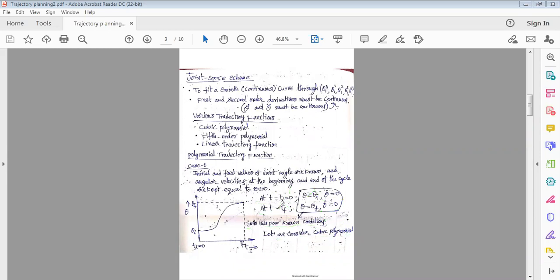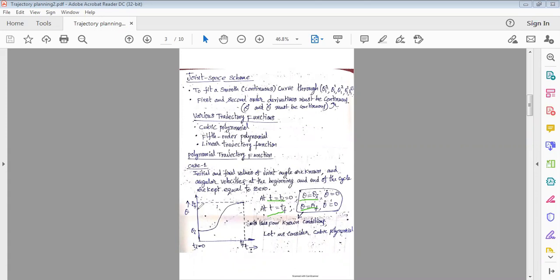How many conditions are there in this given problem? There are four: at time t equal to 0, theta is equal to theta I, and so on. With these four, a cubic polynomial function is sufficient, whereas quadratic and linear polynomials are not.